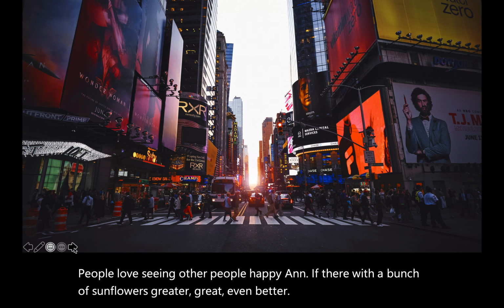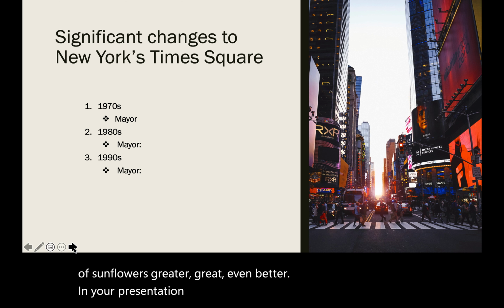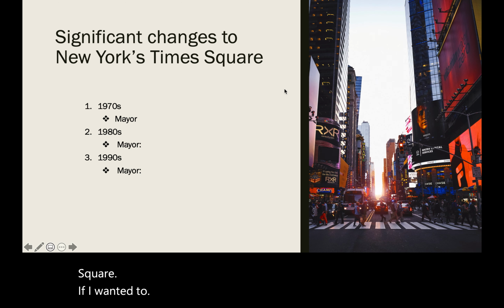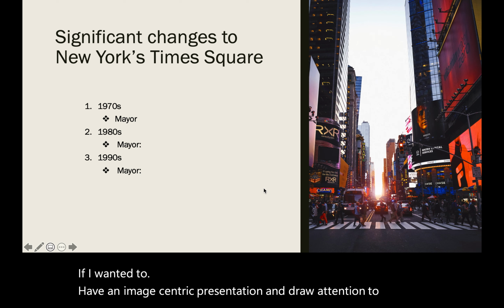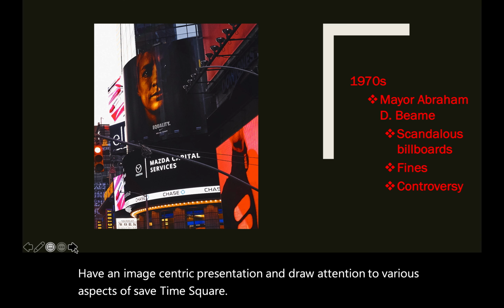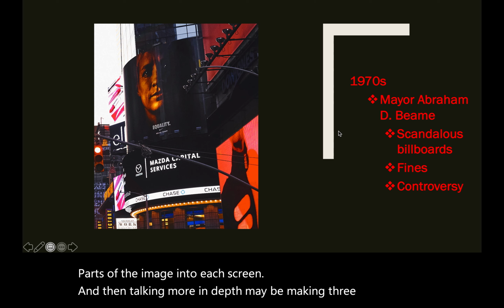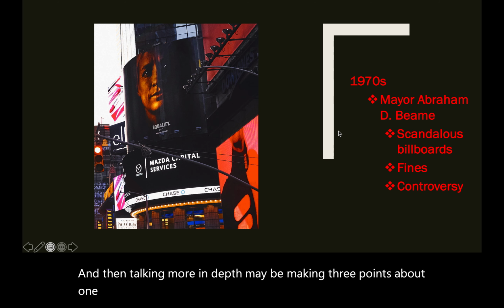In your presentation, the next few slides are all about Times Square. If I wanted to have an image-centric presentation and draw attention to various aspects of, say, Times Square, I could do so by cropping parts of the image into each screen and then talking more in depth, maybe making 3 points about one specific aspect of the screen.